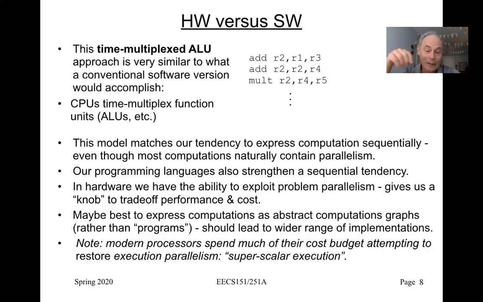In fact, modern superscalar processors automatically extract parallelism at the instruction level. A lot of the hardware in a superscalar processor is there to extract parallelism from the instruction stream. You can learn more about this if you take 152. So, that's my little story about hardware versus software.